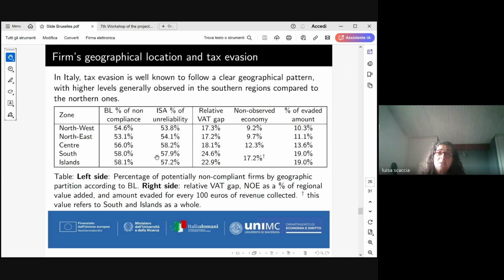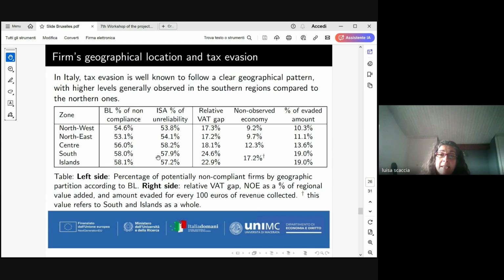So a first well-known stylized fact concerns the geographical pattern of tax evasion in Italy. It is well known that in the south tax evasion is more widespread and more systemic than in the north. And this fact is reflected by all the different proxies generally used for tax evasion. It is also reflected by these ISA indexes.